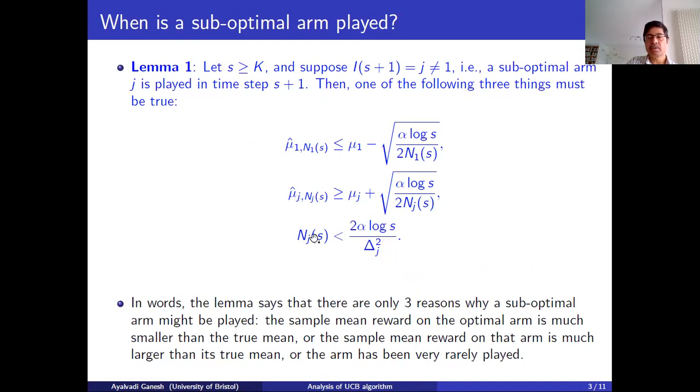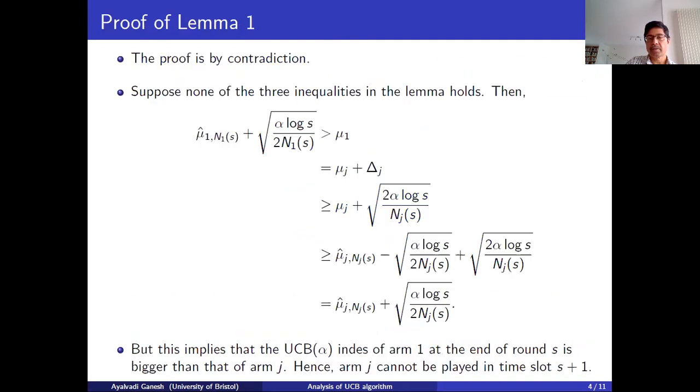So if we move these things around, that says delta_j squared is bigger or equal to 2 alpha log s over N_j(s). So delta_j is bigger or equal to this. So mu_j plus delta_j is bigger or equal to mu_j plus this. So this comes from the third inequality in the statement of the lemma being violated.